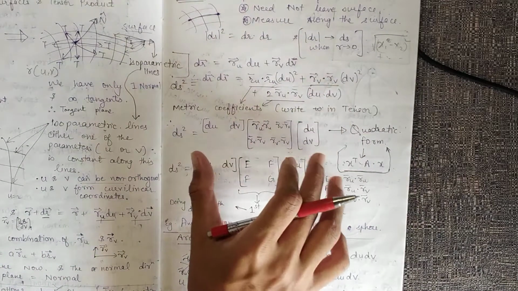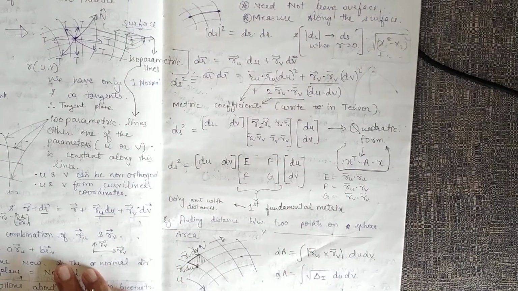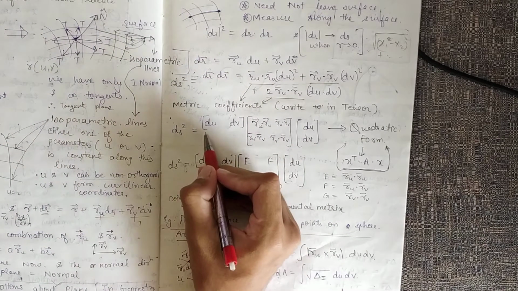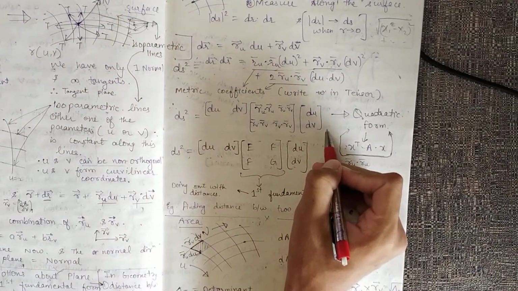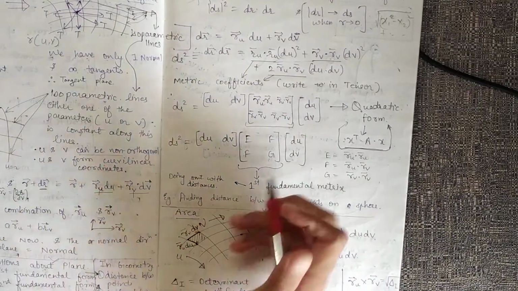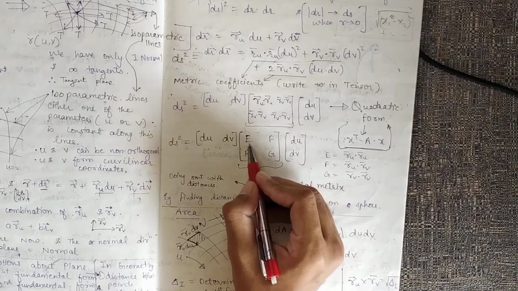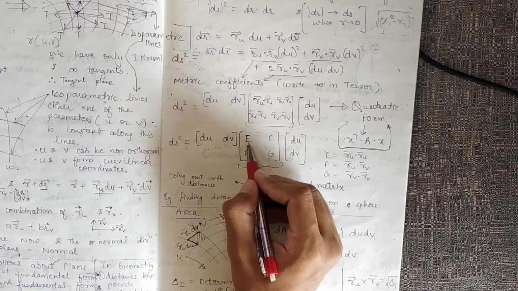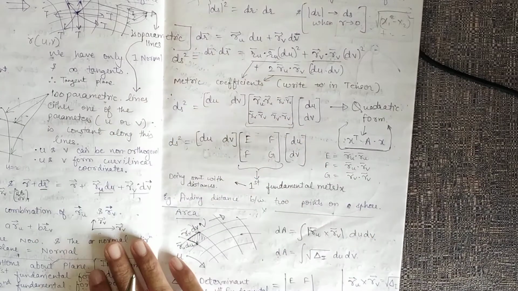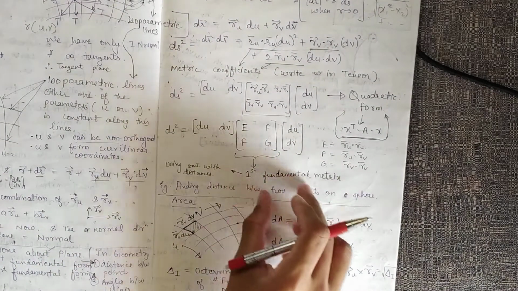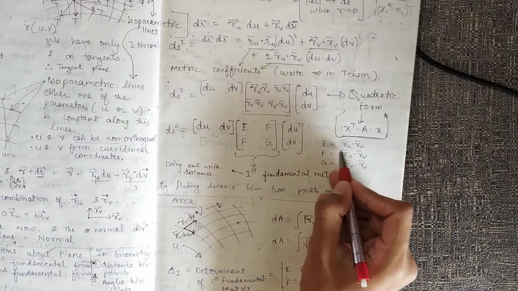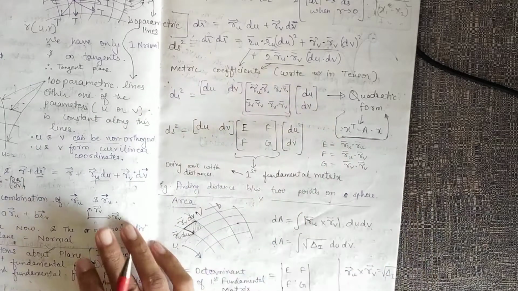We write this as a product of matrices or tensors, and this matrix is very important. We represent ru dot ru as E, ru dot rv as F, and rv dot rv as G.